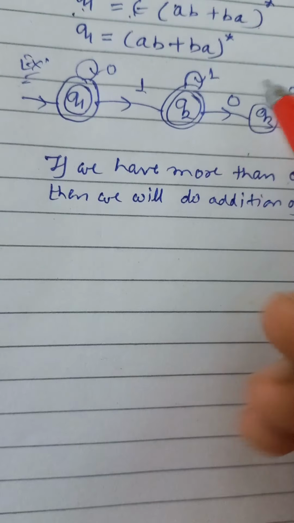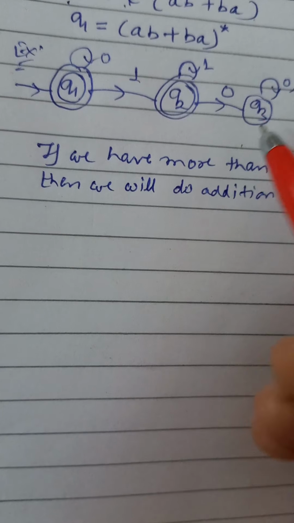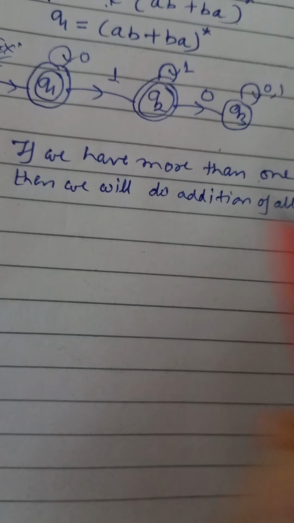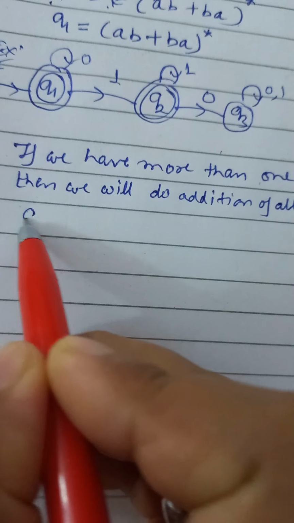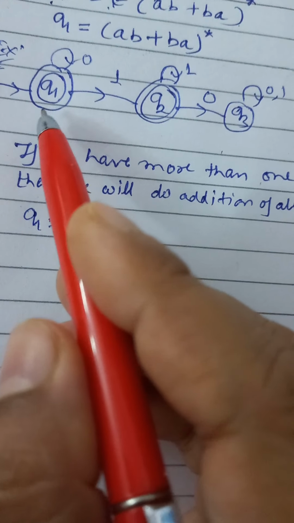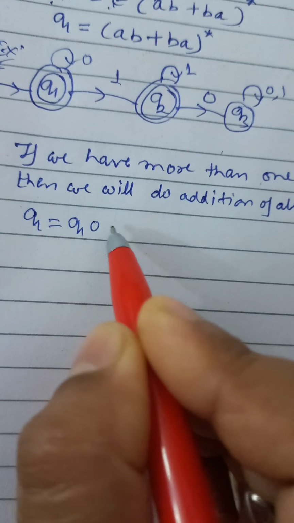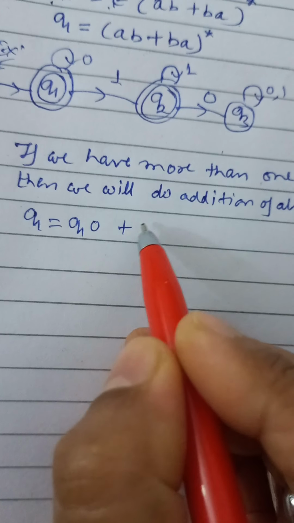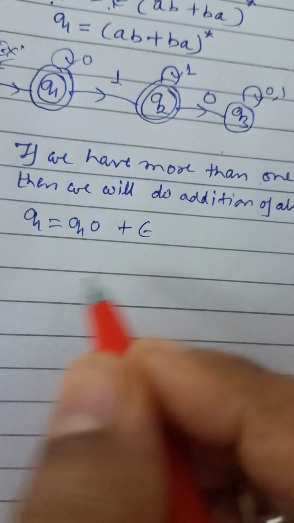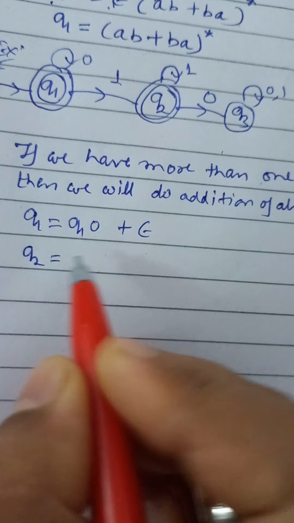We have this machine. So first we write all the states in the form of equations. Start with the initial state Q1, and what will be the value of Q1? Q1 will be Q1 0 only, and in the initial state we add epsilon. So what will be the value of Q2?